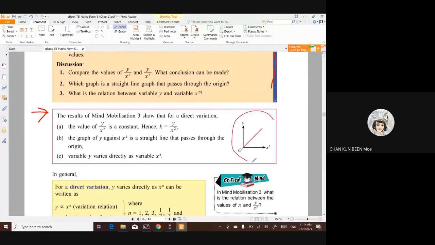It must be like this, if they vary directly. C, variable y varies directly as variable x, this part here. Okay, if this is x and it is a y here, then you will say that variable x varies directly as variable y. Okay, that is how you read it.